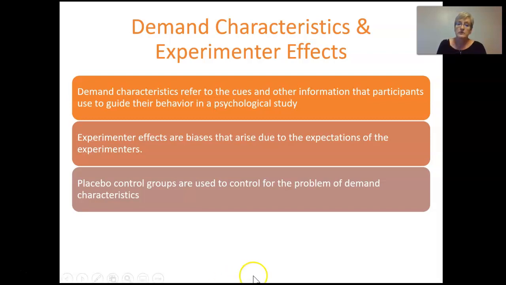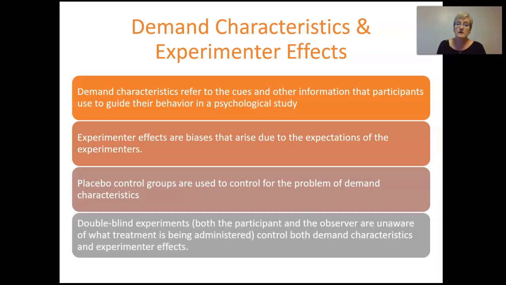So placebo control groups are used to reduce demand characteristics, which involves subjects potentially thinking about what are the real intended purposes of this study.